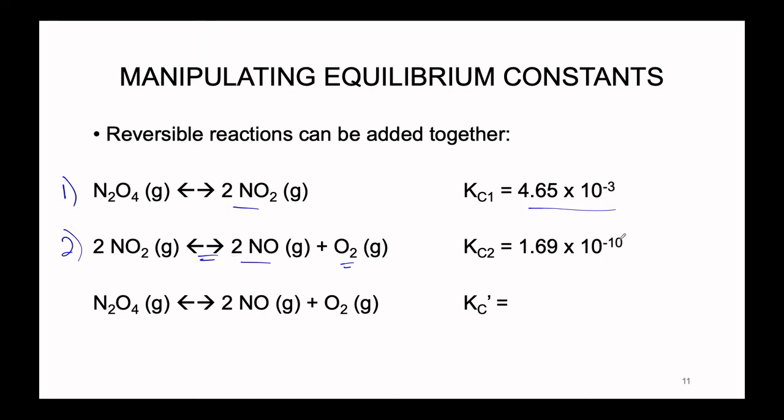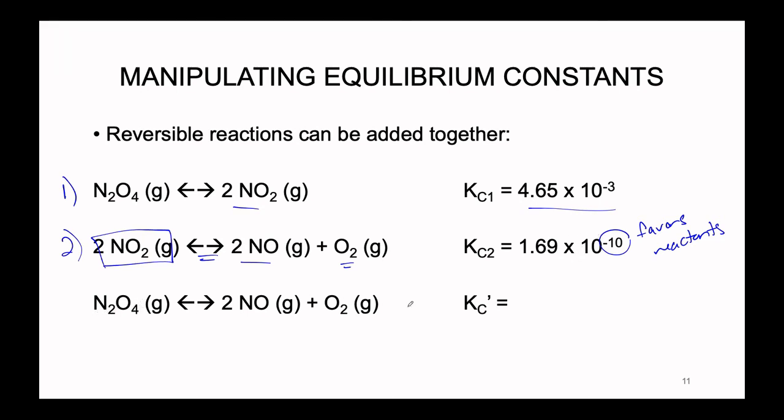The exponent on its equilibrium constant is very small, meaning that this reaction definitely favors reactants. Because we write products divided by reactants, this very small number means that we have a very large denominator, meaning a very large number of reactants. Regardless of that point, this is still a reaction that exists in equilibrium.